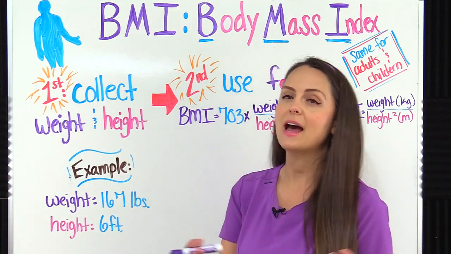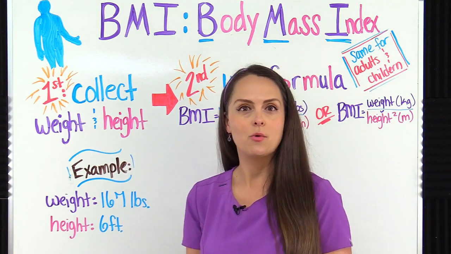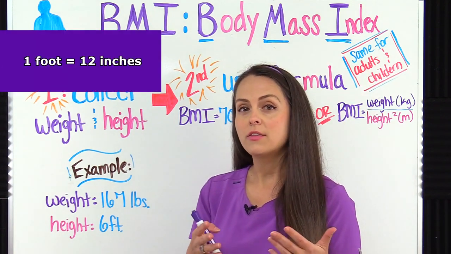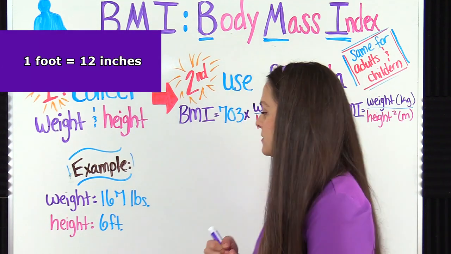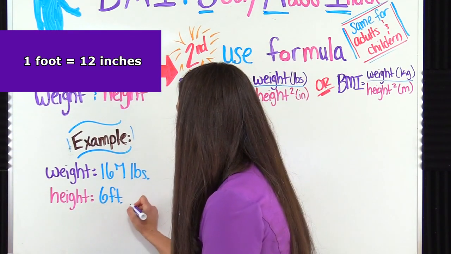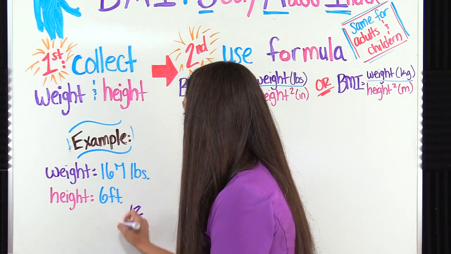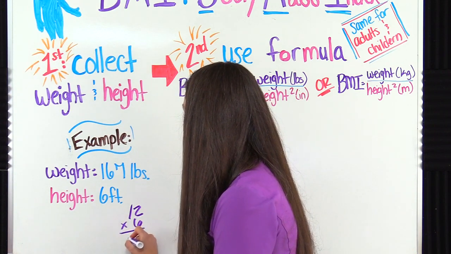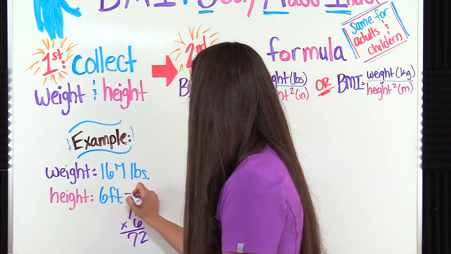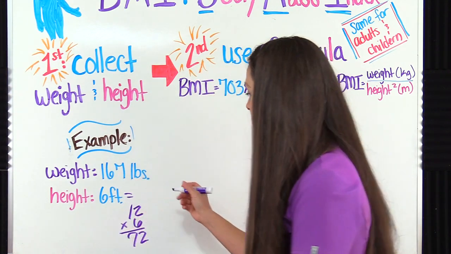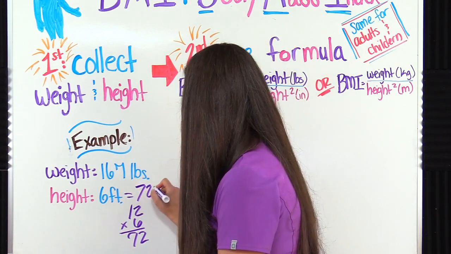And to do that, you want to ask yourself, how many inches are in 1 foot? Well, we know that there are 12 inches in 1 foot. So we're going to multiply 12 by 6, and that gives us 72. So 6 feet is equivalent to 72 inches.